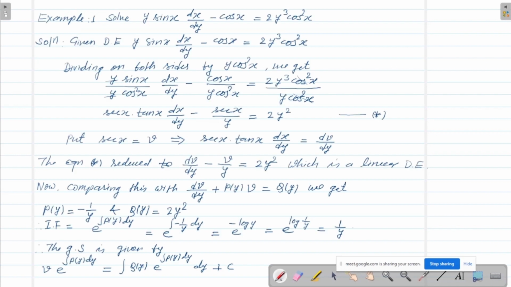So 1 upon y, and this is equal to integration of q of y, that is 2 times y square, e raised to integration of p of y dy which is 1 upon y, and dy plus c, where c is the integrating constant.